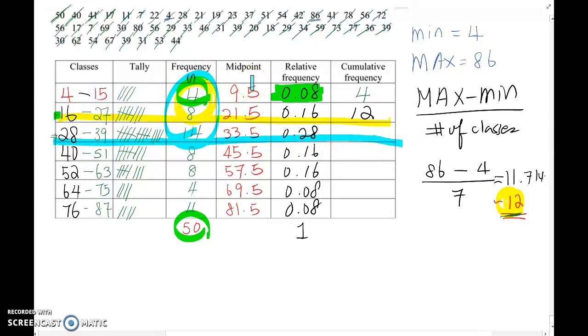So you add 4 plus 8 plus 14, then you will get 26. And the same way, you keep on calculating, you will get 34, 42, and 46, and 50. So the last class cumulative frequency must be equal to the total frequency.